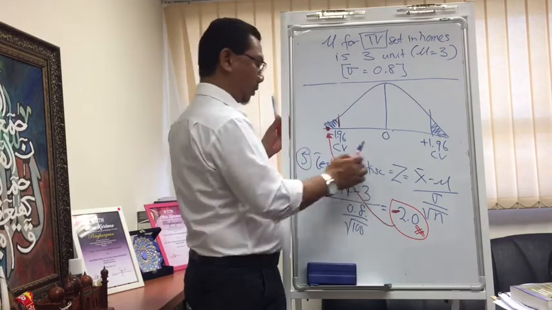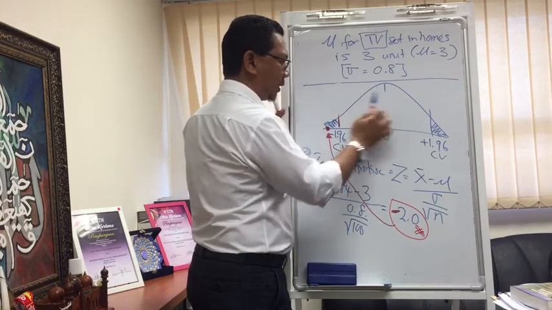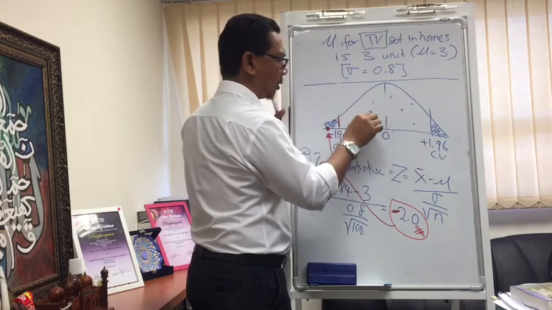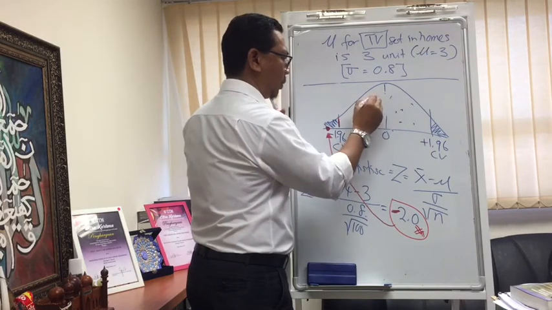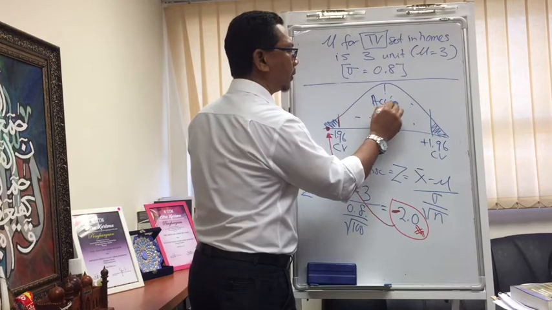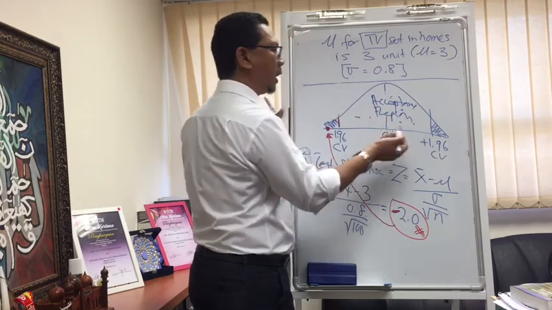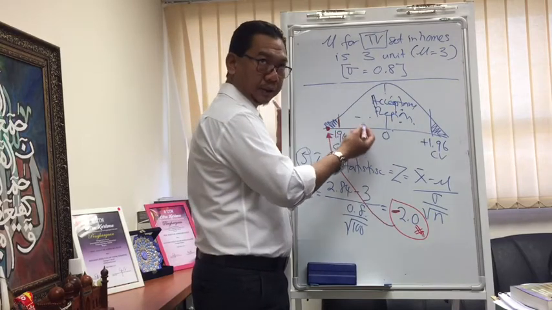Any statistic value that falls under the acceptance region means that we accept the null hypothesis.